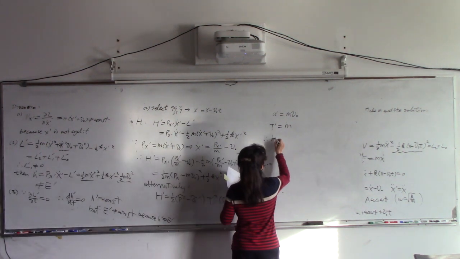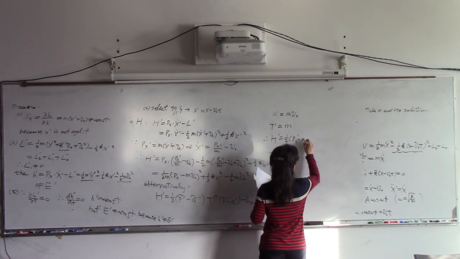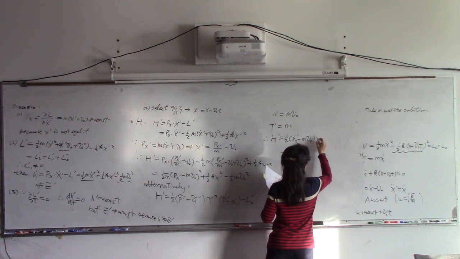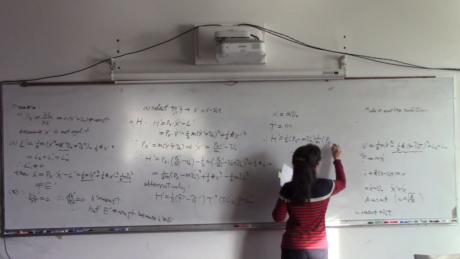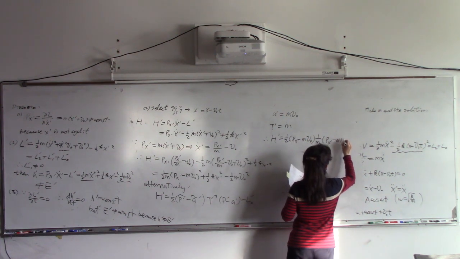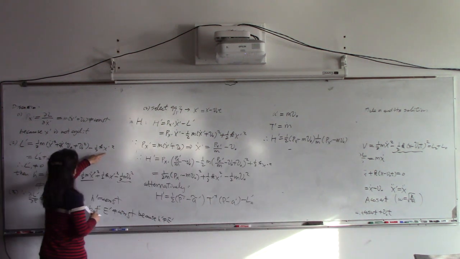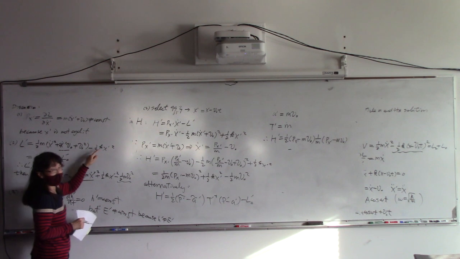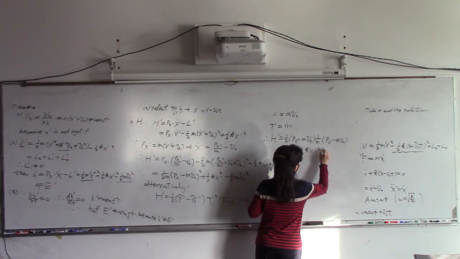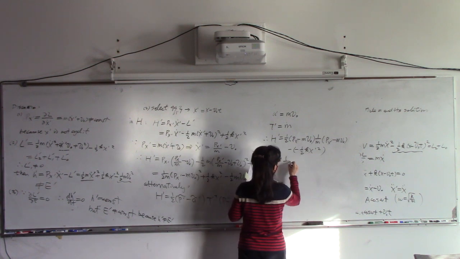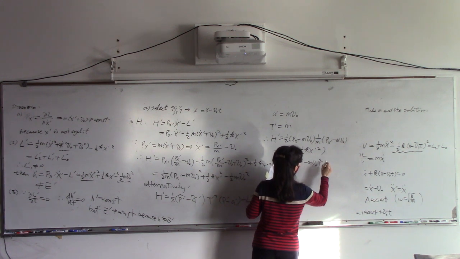So H prime is half of (Px prime minus m v naught), that is A prime, times 1 over m times (Px prime minus m v naught), and minus, sorry, minus L naught prime. So L naught prime is this one, so that is minus half of kx prime squared. Then finally we have 1 over 2m times (Px prime minus m v naught) squared.